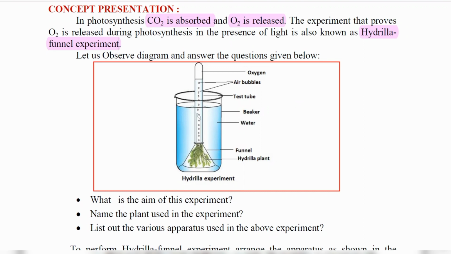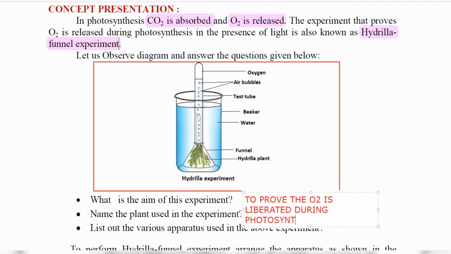We can give the aim. The main aim of this experiment is to prove that oxygen is liberated during photosynthesis.